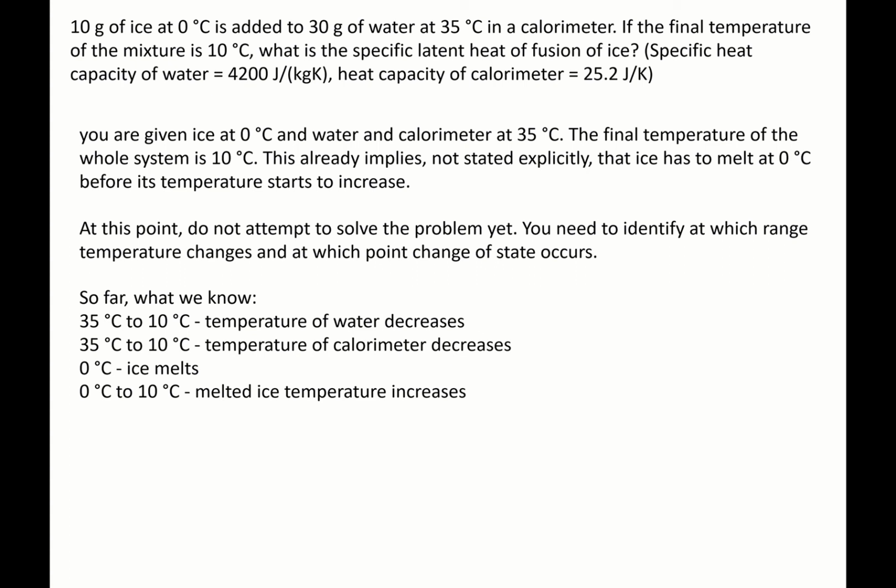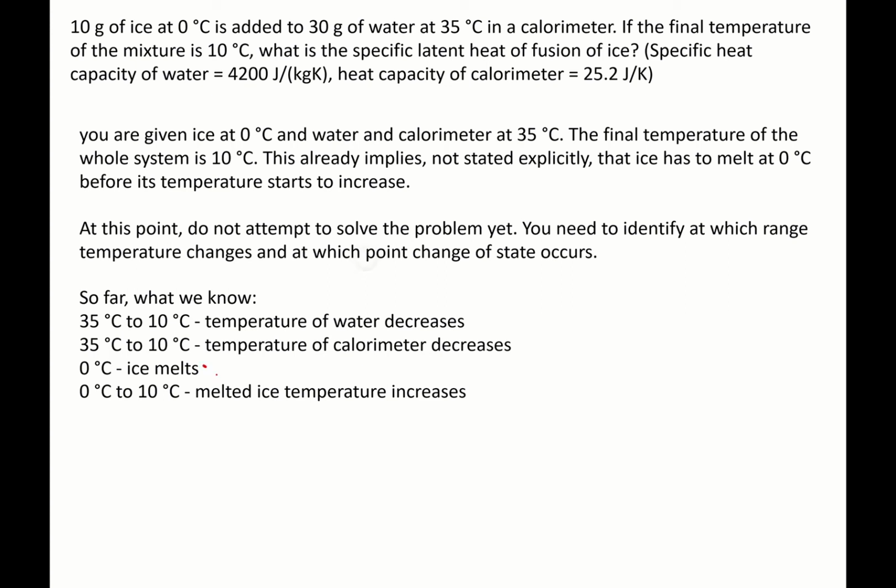So write out what you do know. 35 degrees Celsius versus 0 degrees Celsius. The temperature is going to drop from 35 degrees Celsius to 10 degrees Celsius, and when this happens, the temperature of water decreases and the temperature of calorimeter decreases.